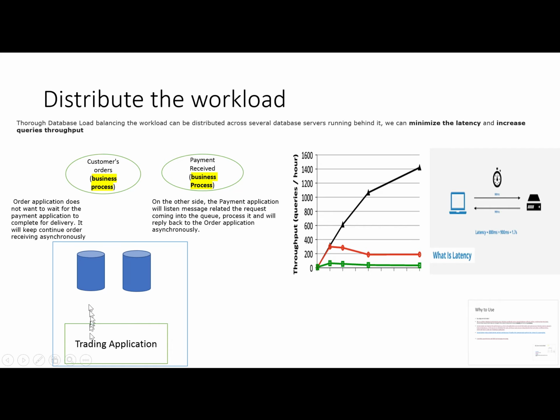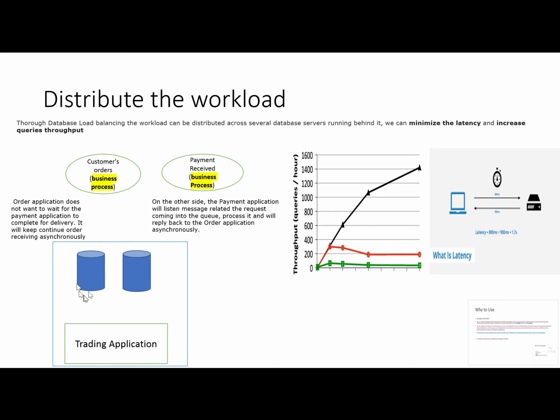The order application is communicating with the customers, getting the orders from the customers, and against these orders, the payment will be received so that the delivery can be scheduled. Now the order application doesn't want to wait for the payments to be completed for the deliveries. The order application wants to work asynchronously so that it will be more responsive.